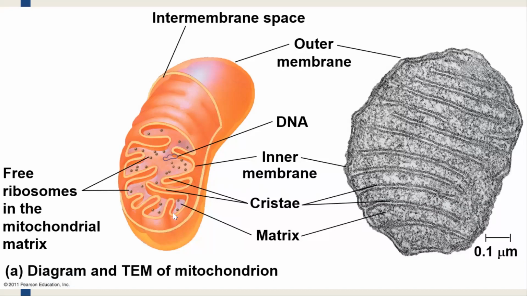You're passing those hot potatoes from one person to the next all the way down the chain. It's the same kind of thing, but it's the electrons being passed down. So in the matrix in the middle of the mitochondria is where the citric acid cycle takes place, and the inner membrane is where the electron transport chain takes place.